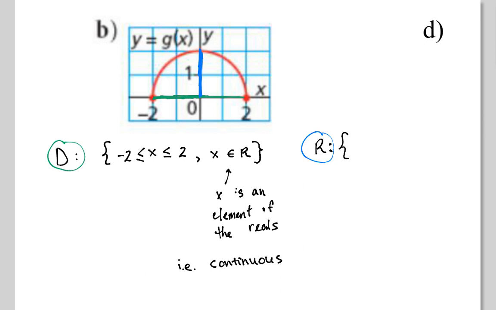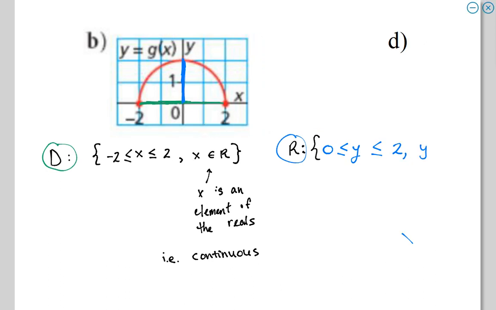So how would you write this one? Y is bigger than 0, but less or equal to 2. And then you put a comma. Y is an element of the real.